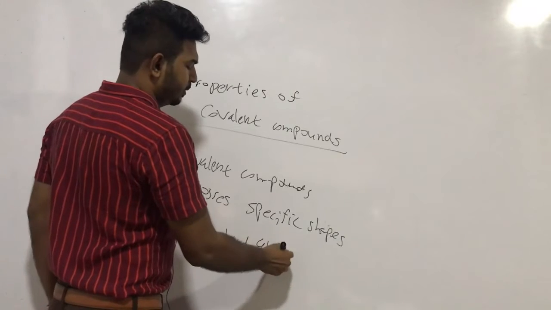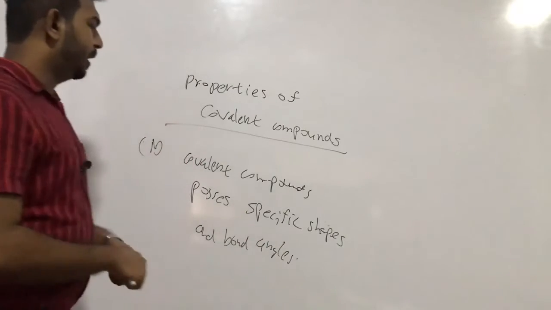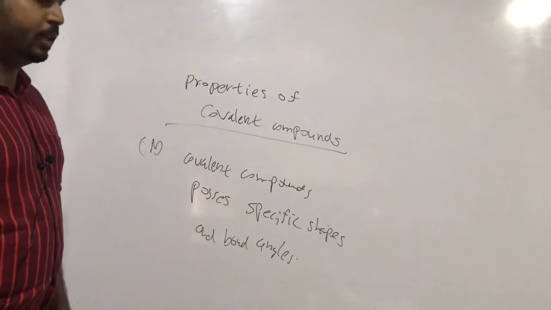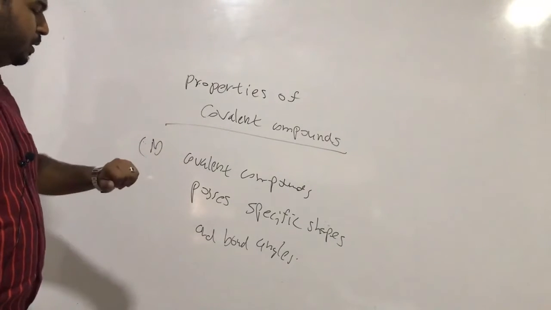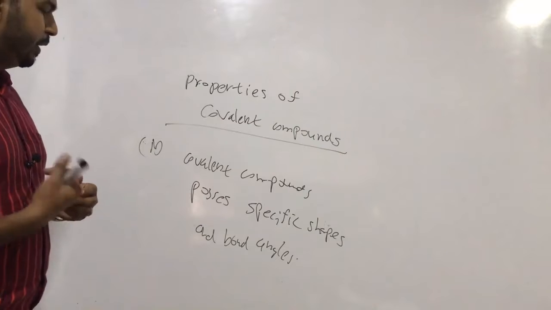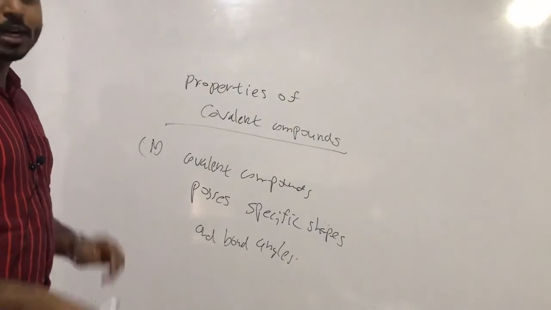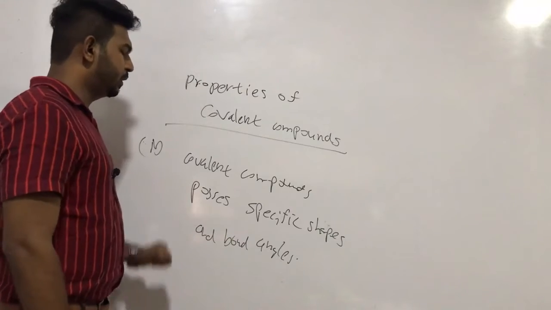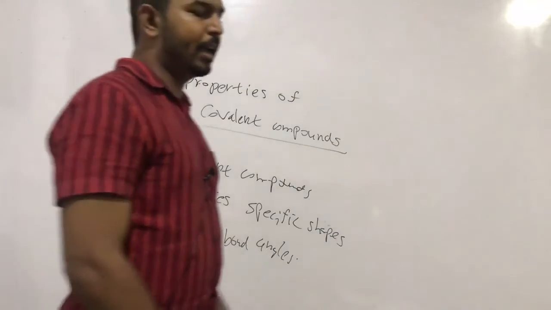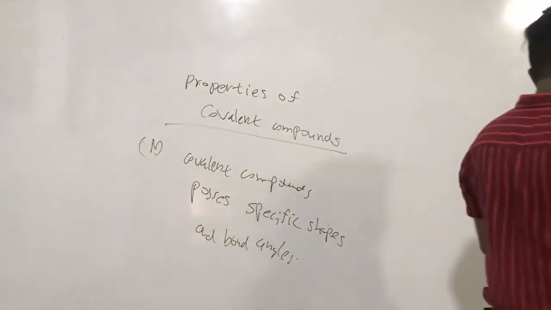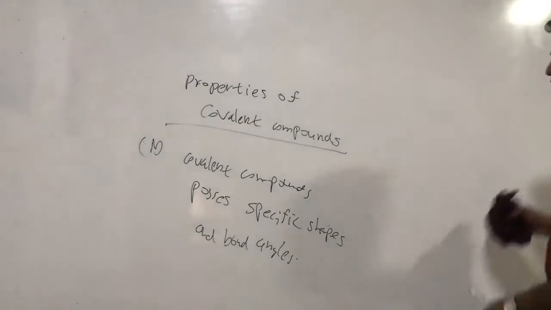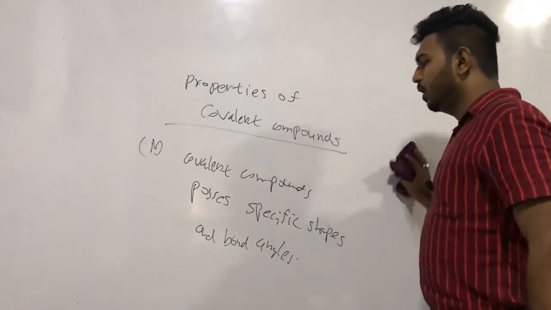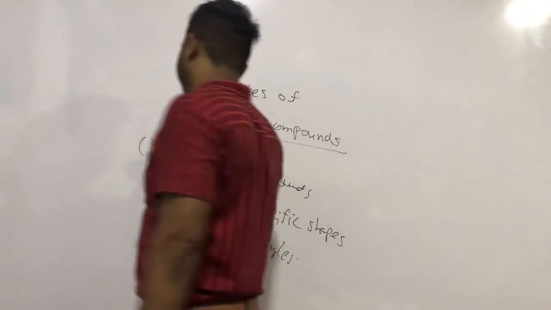Did you write that? Covalent compounds possess specific shapes and bond angles.